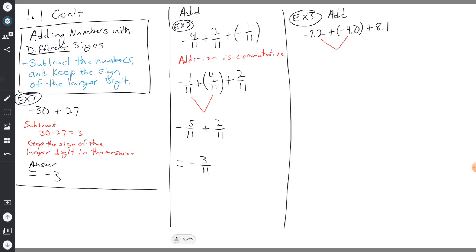Because keep in mind, if you're adding or subtracting decimals, you line up the decimals. That's just to remind you when you're adding them. If we were to do this by hand and look at it in that fashion, we would line up the decimals.